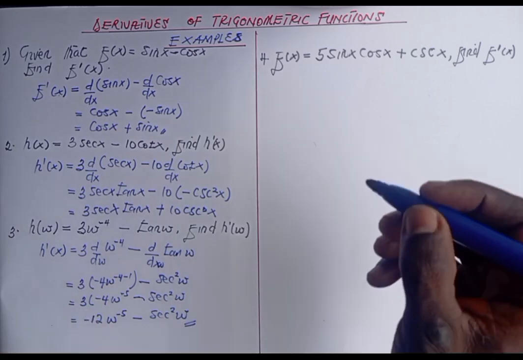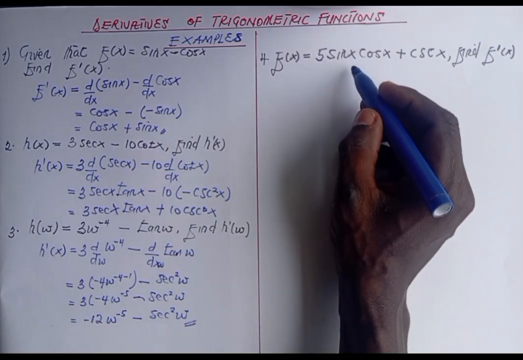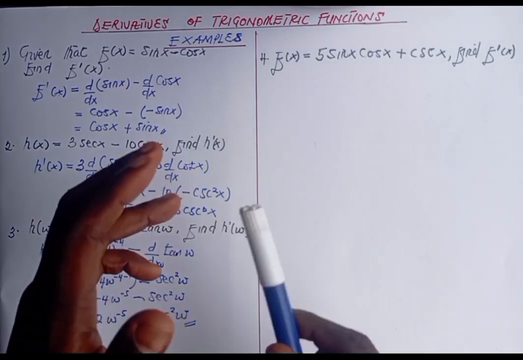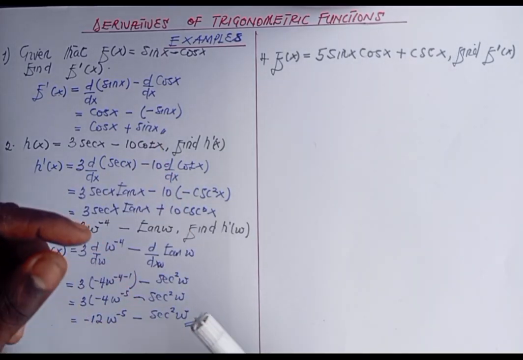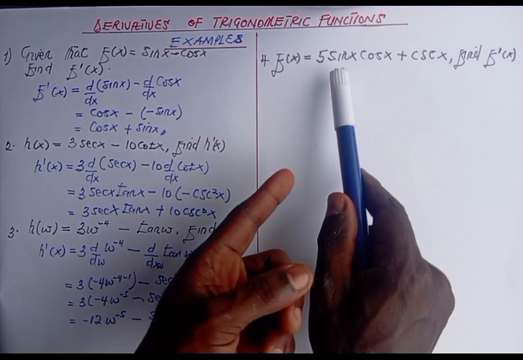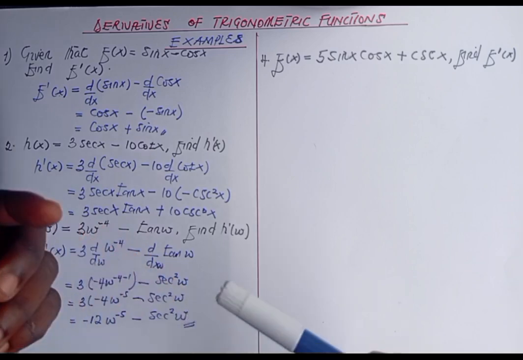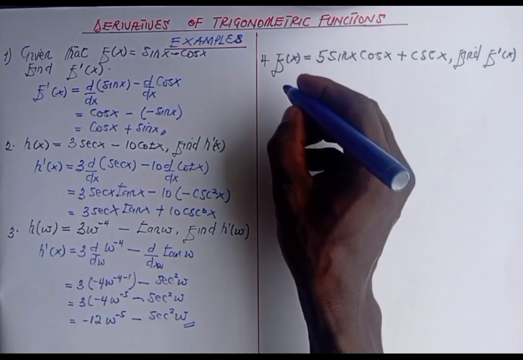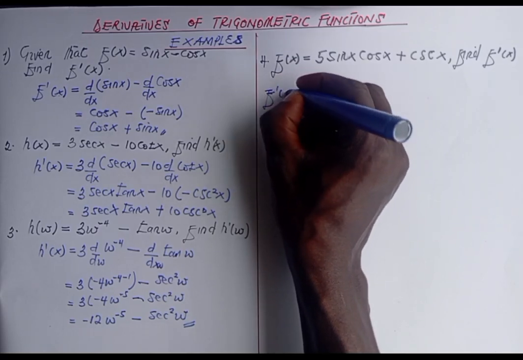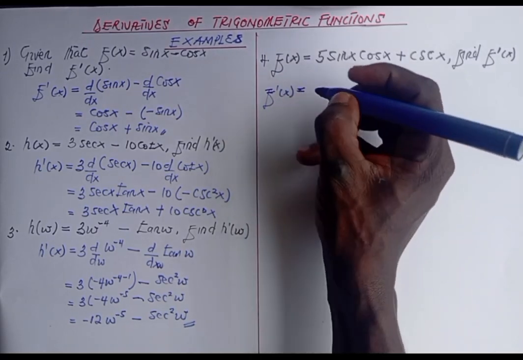So we know that we have 5 sine x cos x. Looking at this, we have two functions multiplying. We have the function of sine x and then the function of cos x. So we have two functions multiplying, we can apply the product rule. We get our f prime at x, which is the derivative.